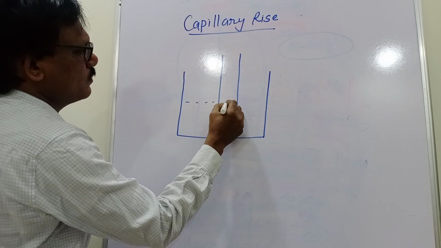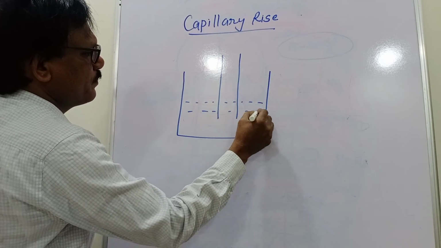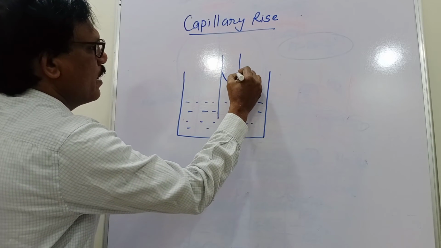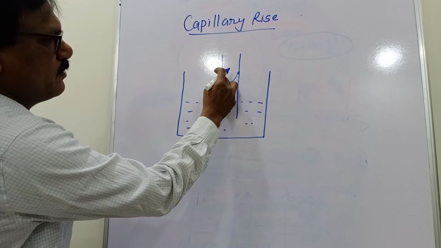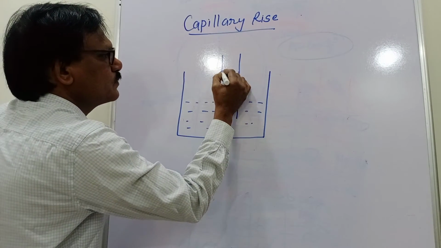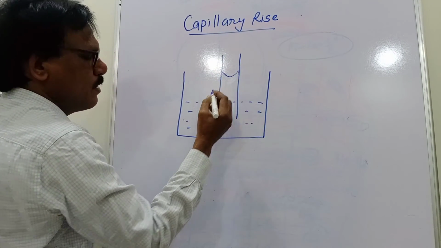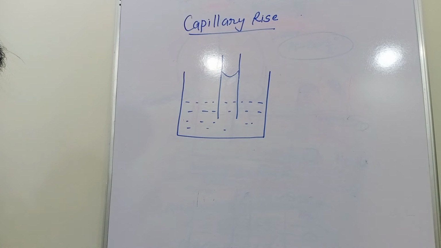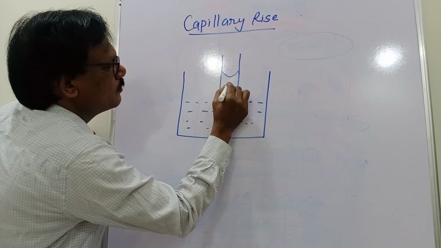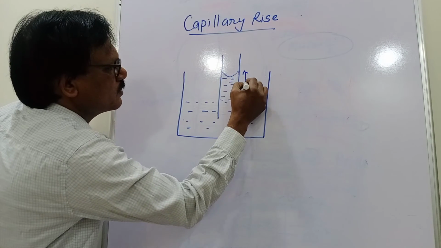And this is one tube, its thickness is such that it is very thin, and I made this concave. Now there are two things. The water rises here. So why does the water rise till height h?